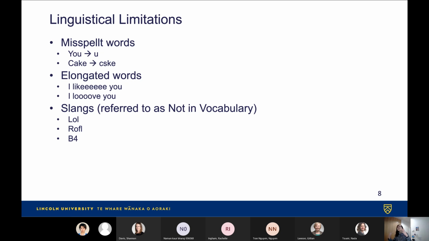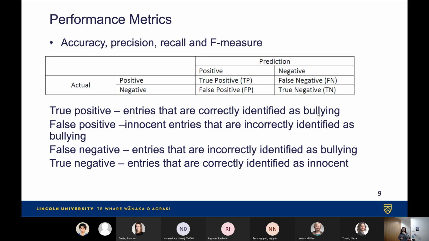ROFL, roll on the floor laughing. Again, we need to be able to expand that rather than just keeping it as is. So those are some of the linguistic limitations and challenges we had to worry about when processing it. Okay, so when we are writing a model, how do we know that our model is good or bad?